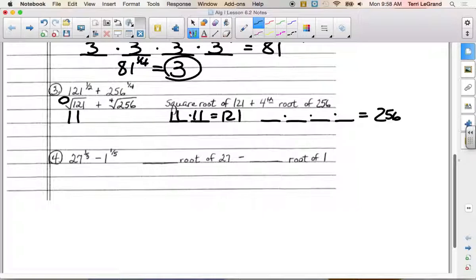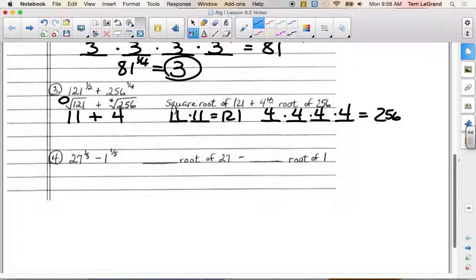Let's just try 4 then. 4 times 4, class. 16. 16 times 4 is 64. 64 times 4 is 256. Yeah, we found it. 4 times 4 times 4 times 4 is 256. Or in other words, the fourth root of 256 is 4.